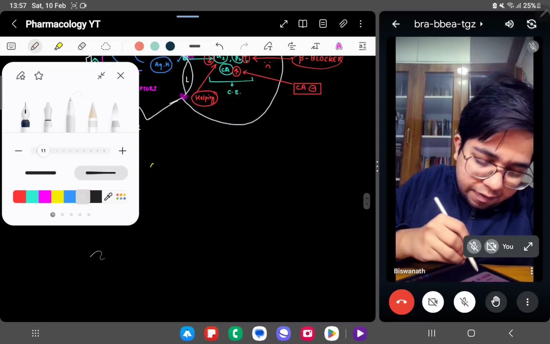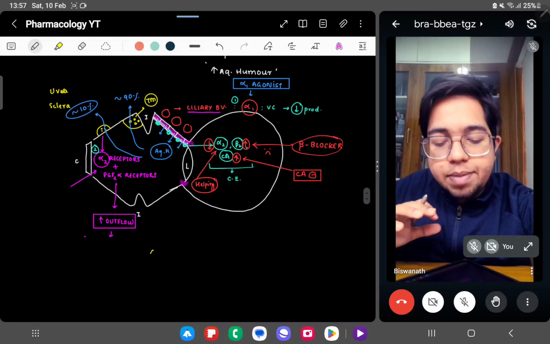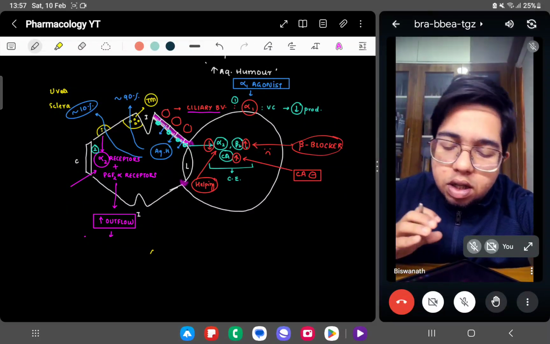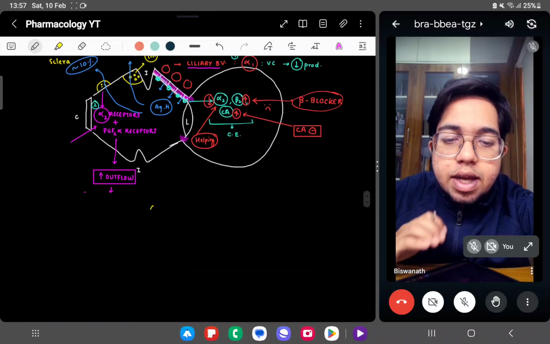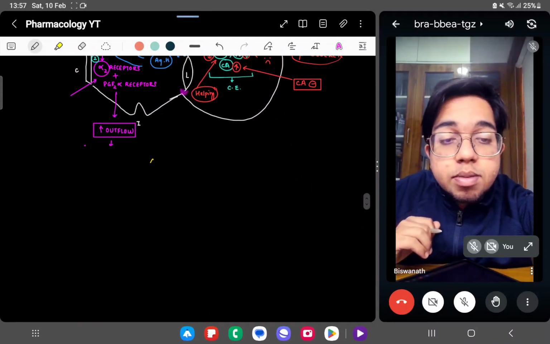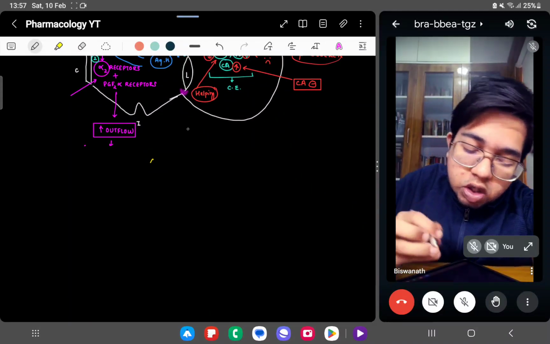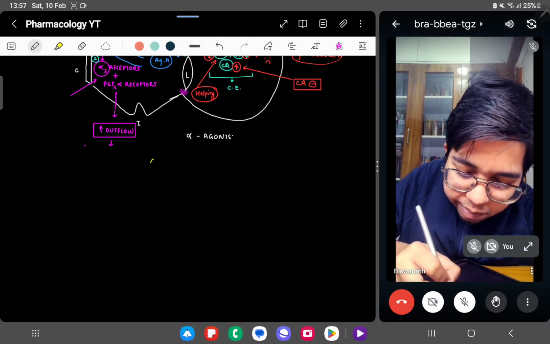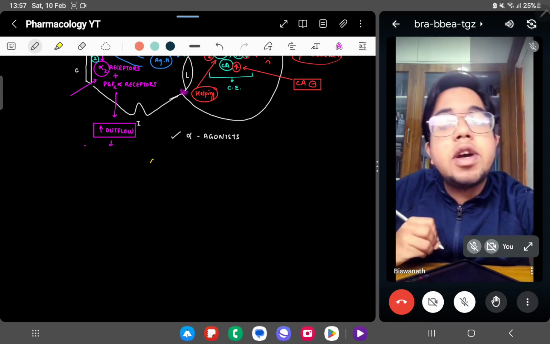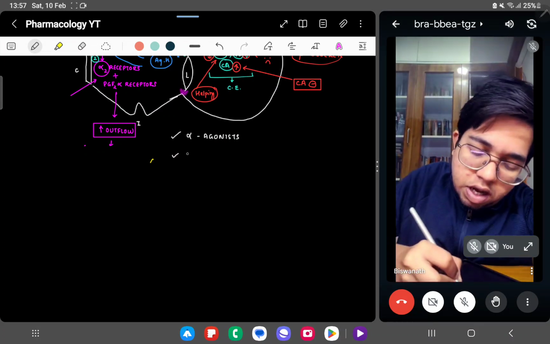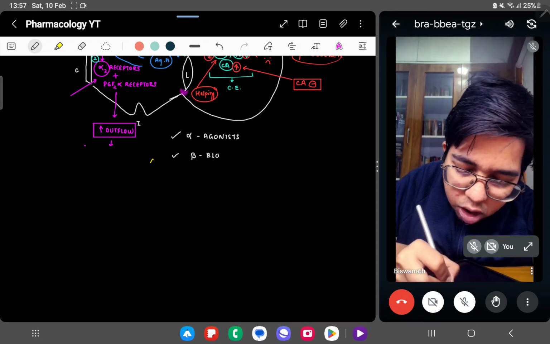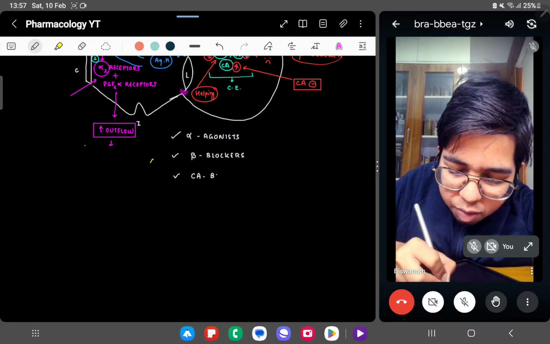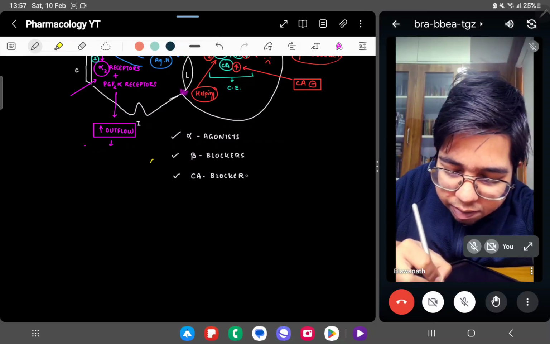If you could understand this whole concept of aqueous humor production, its drainage, the receptors, the work of receptors, then what drugs must be there for glaucoma? We have alpha agonists. Of course, you can understand why we are giving the alpha agonists. We have beta blockers and carbonic anhydrase blockers.